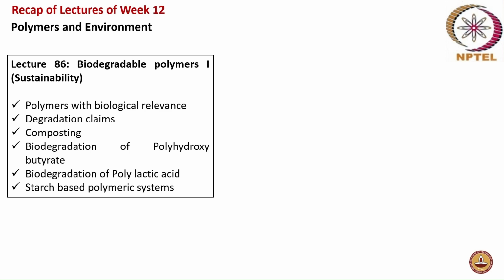So hydrolyze enzymes, PHA depolymerases, that is polyhydroxyalkanoate depolymerases, which can be either extracellular or intracellular enzymes, play a vital role in the biodegradation of polyhydroxybutyrates. What are the final products? So they can be energy, carbon dioxide and water in case of aerobic, or energy, methane and water in case of anaerobic biodegradation of polyhydroxybutyrates.